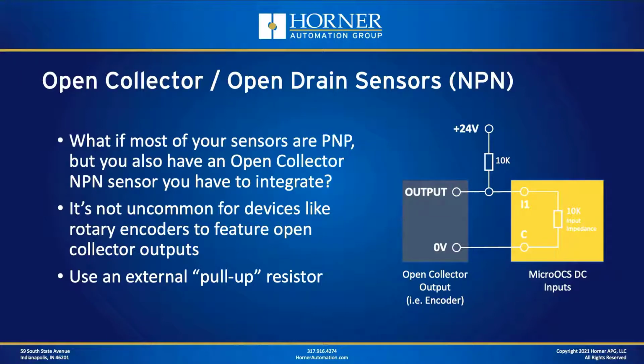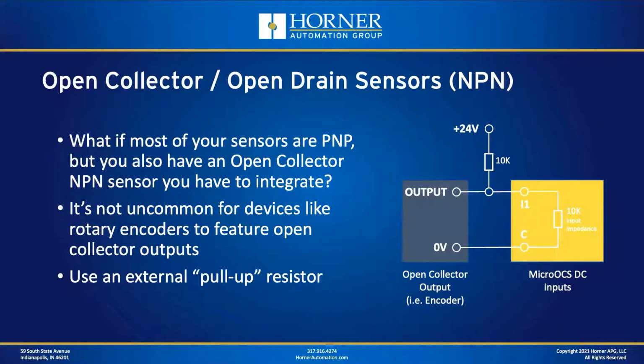Basically, you're going to use an external pull-up resistor. And in the case of the OCS, you're almost always going to be using an external 10K pull-up resistor. And I'll explain why here in a minute. First of all, in this diagram, you see I've got an open collector type output device drawn in dark gray on the left.